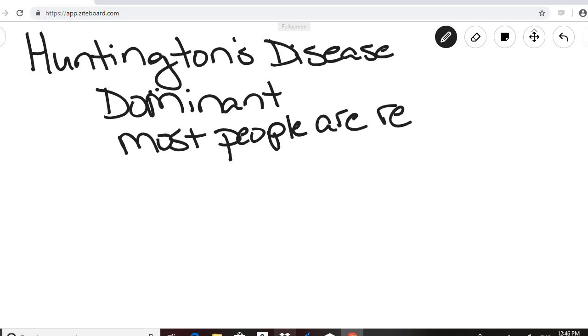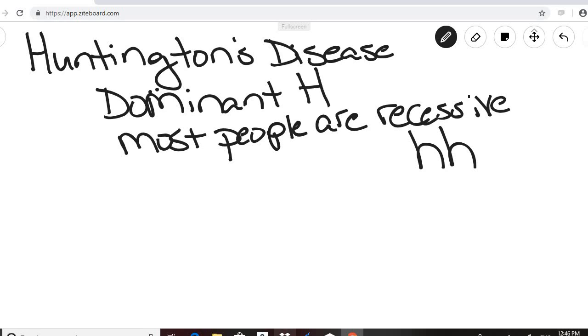So if we use the letter H, most people would have lowercase h. In order to have the disease, you would have to have capital H, lowercase h, or capital H, capital H, because it's not in complete dominance. So as long as you have one of these, you would not have the disease.